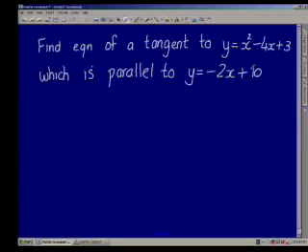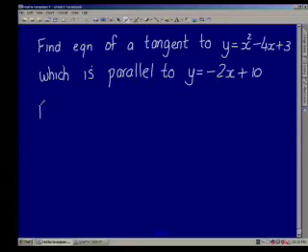Now, can you see that I've varied things a little bit? There is my graph. I'm still wanting a tangent, but they don't tell me the point where the tangent is. They just tell me that my tangent is parallel to another line.